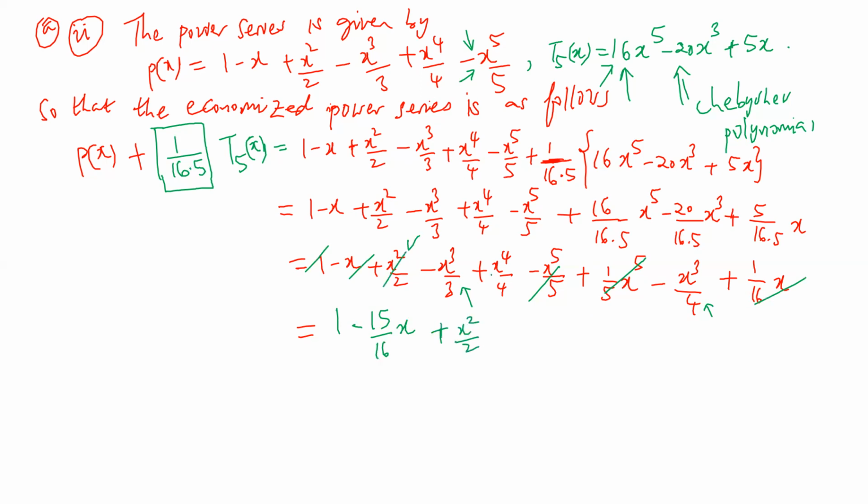Okay, so we're done with the x squared. Now we have the cubic terms, which is x cubed over 3 minus x cubed over 4. So we add these. What is minus 1/3 minus 1/4?